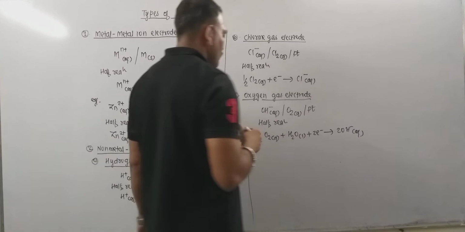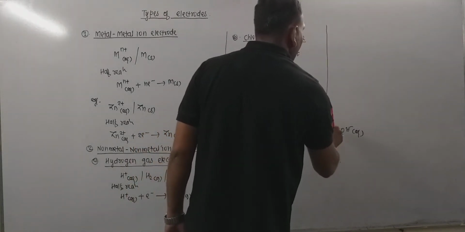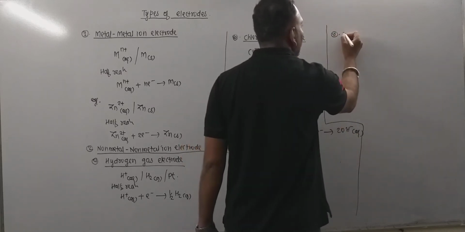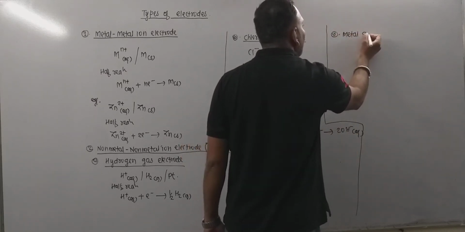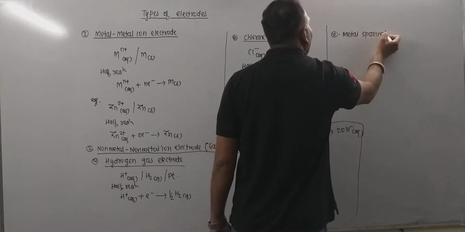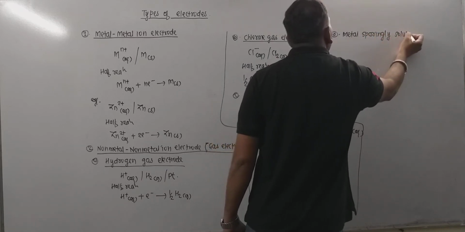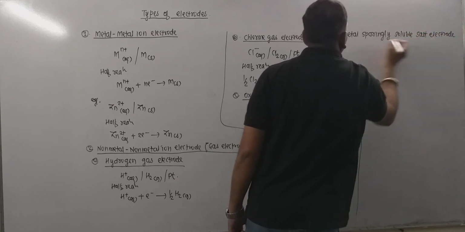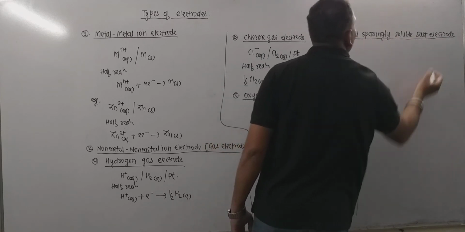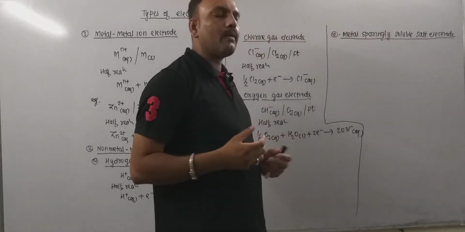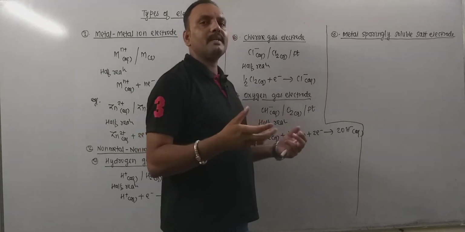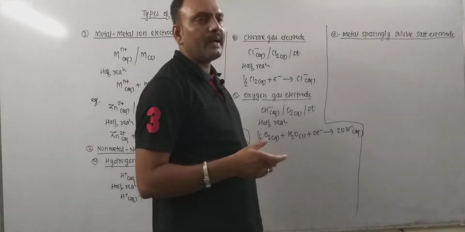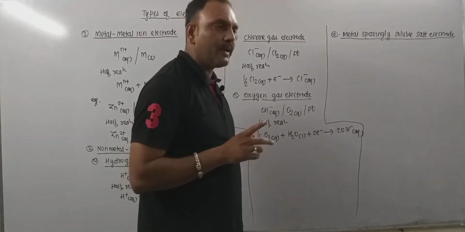Now, the third very important variety of electrodes is the metal sparingly soluble salt electrode. In this type of electrode, we need to cover the metal with one of its sparingly soluble salts. I mean, a sparingly soluble salt of the metal is to be deposited on the metal, number one.